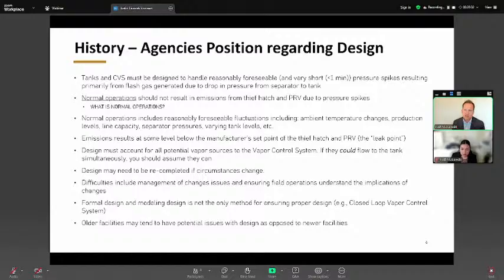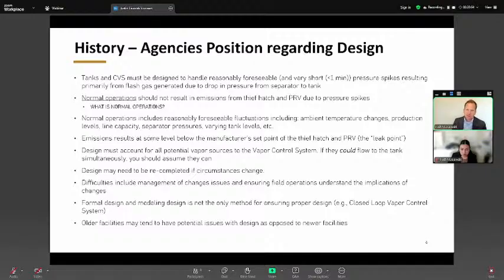And basically the agency, being EPA, as well as the regional offices, their position regarding the design of these vent systems on these tanks is that all tanks in CVS must be able to handle the reasonable, foreseeable emissions coming off these tanks.